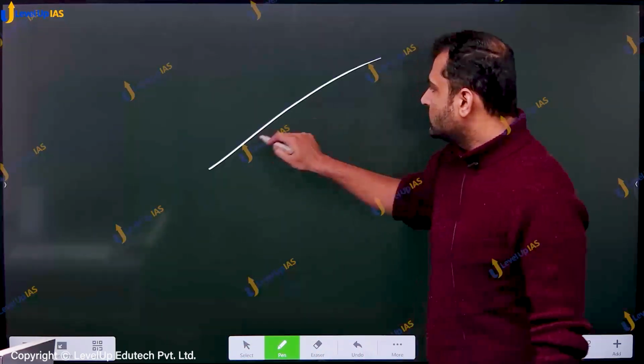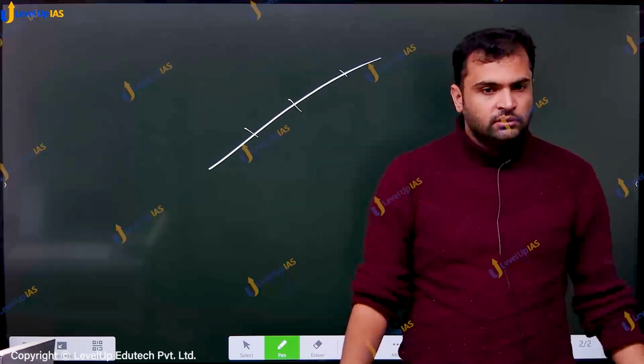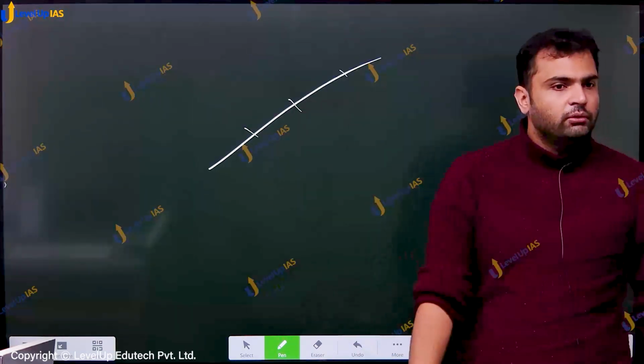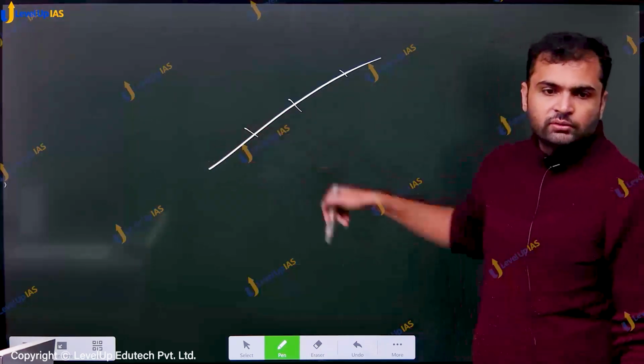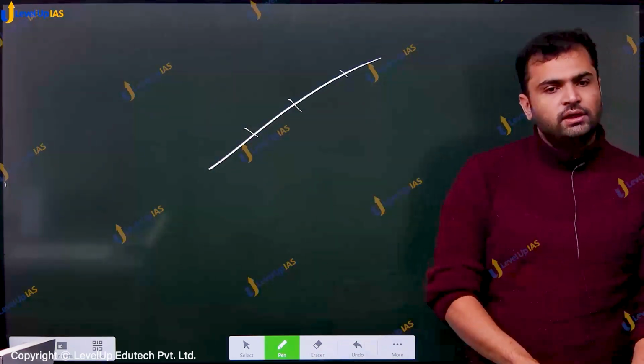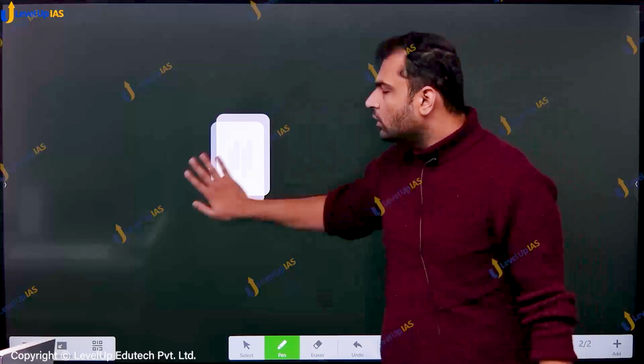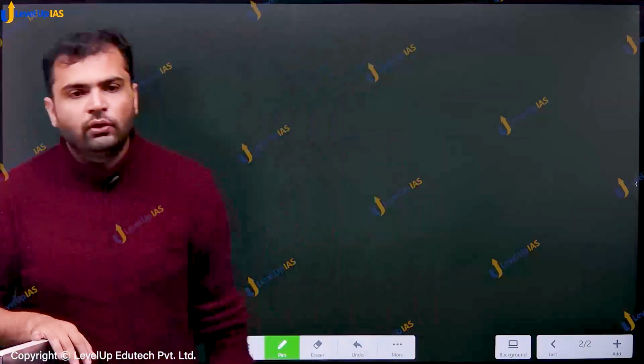Obviously, that we saw. If they are like this, then they will not form a triangle. Only this is the case when they will not form a triangle. But any other case, you can take any one vertex of the line and we will have a triangle. Any 3 non-collinear points will form a triangle.